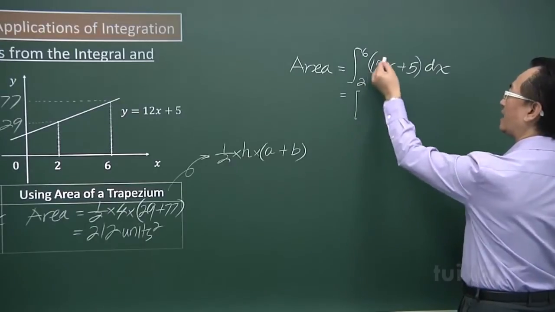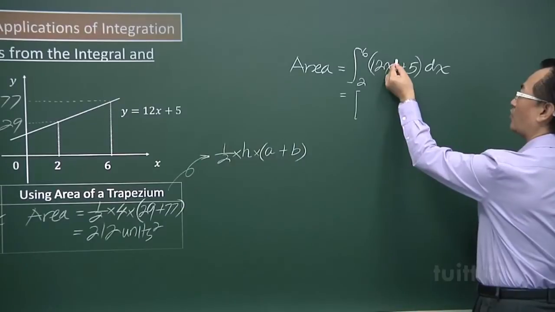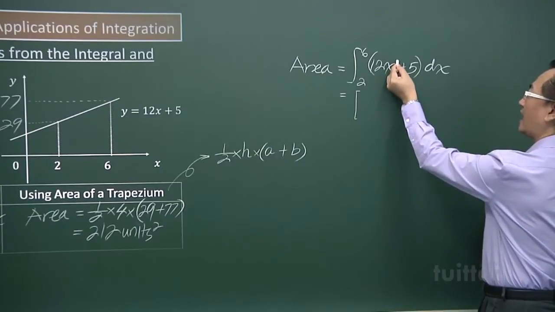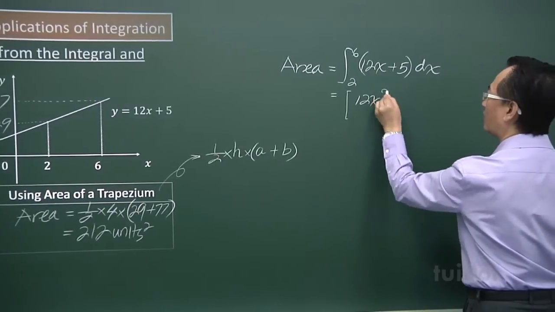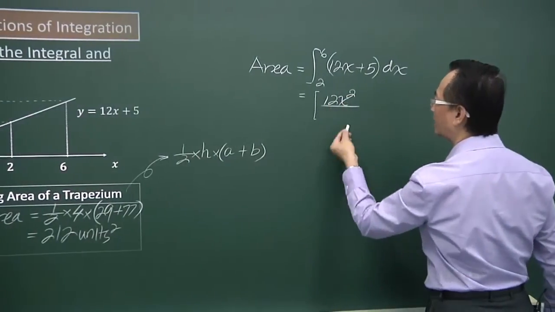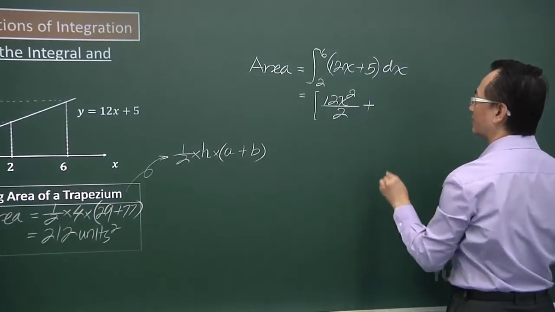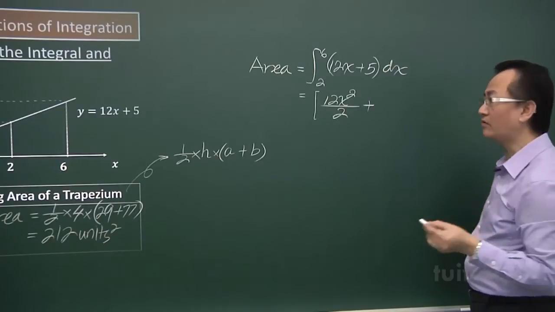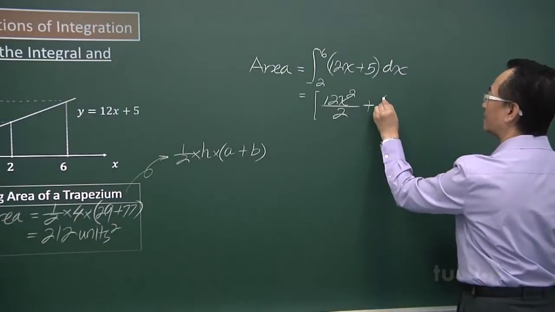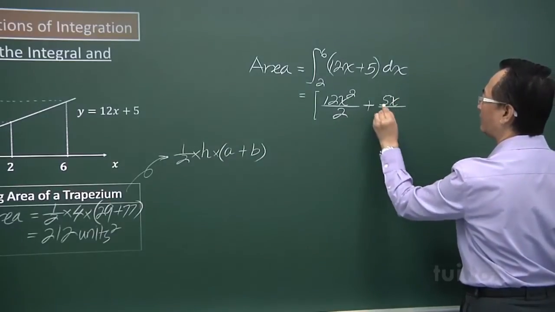When I integrate 12x, I look at this index 1. So I increase that. That will be 12x to the power of 2, then divided by this index 2. The 5 is basically 5x to the power 0. So I increase the index by 1. So I have x to the power 1 divided by 1 here.